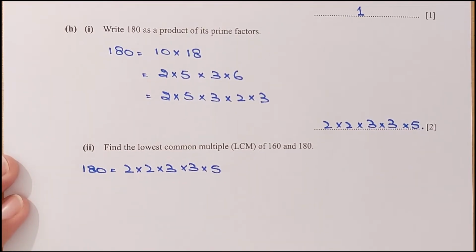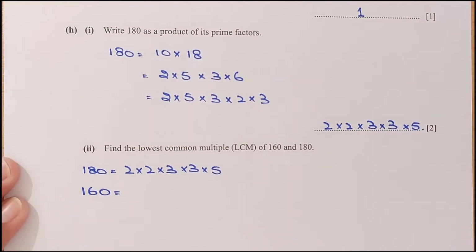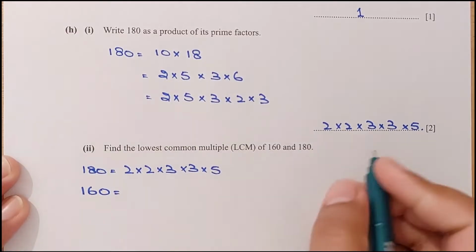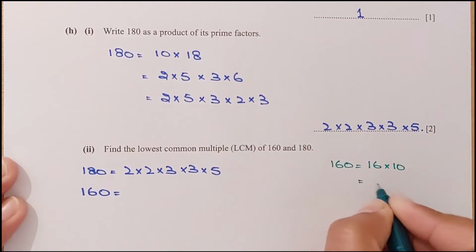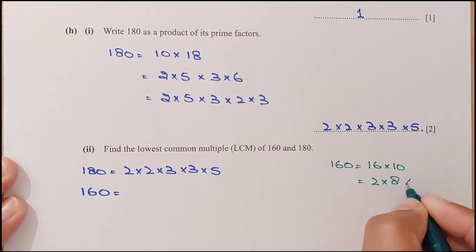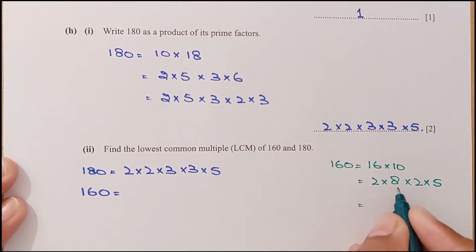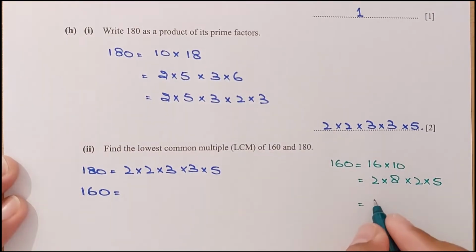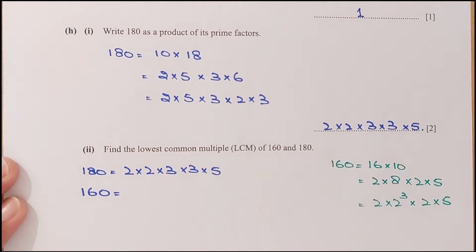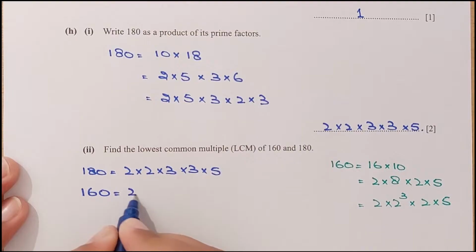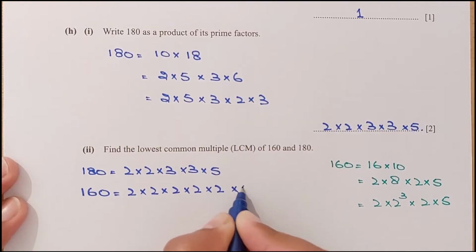Now do the prime factorization of 160. 160 equals 16 times 10, and 16 is 2 times 8 and 10 is 2 times 5. 2 and 5 are prime, 8 is not, so 8 is 2 cubed. So 160 is 2 times 2 cubed times 2 times 5. This is the prime factorization for 160.